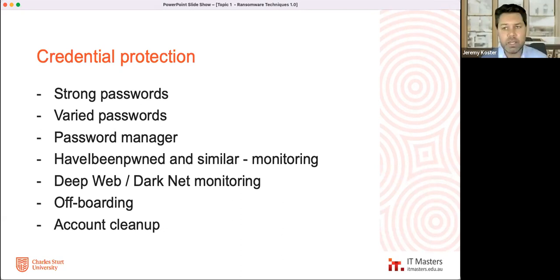But I think there is a difference between nation state and turning a blind eye as well. So they're actually paying groups to go and extort companies. It's possible and quite likely. But in some cases, the government of the country where the ransomware is originating from may just turn a blind eye and say, look, we will let you operate with impunity as long as you don't target us, that sort of thing.